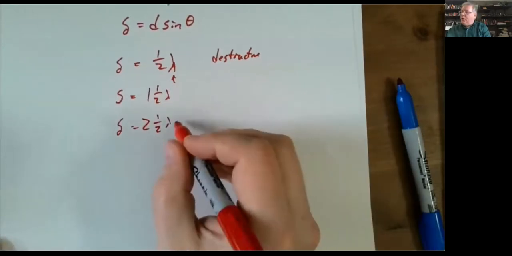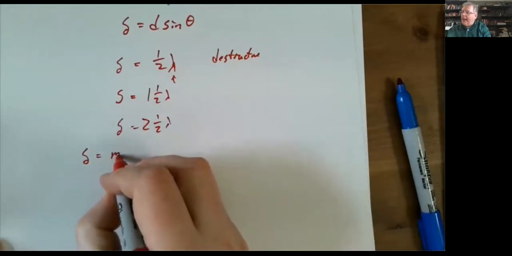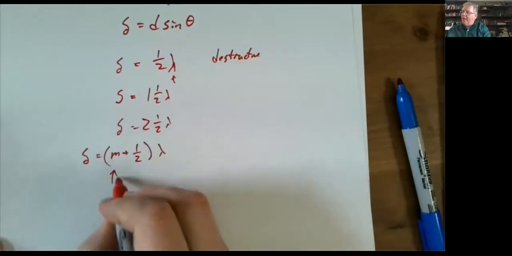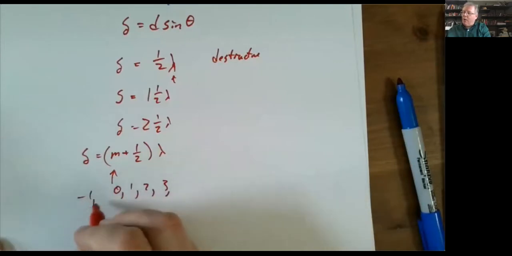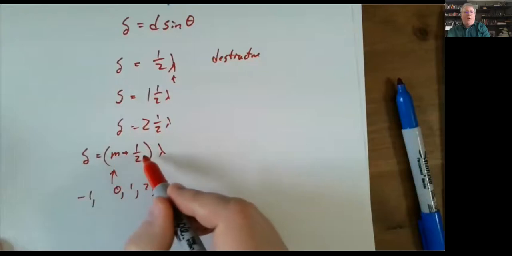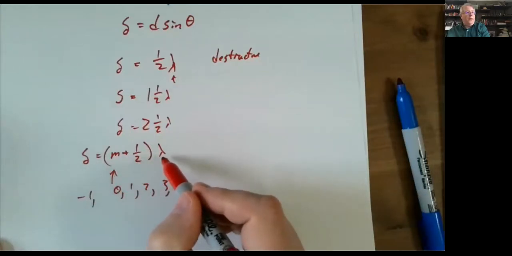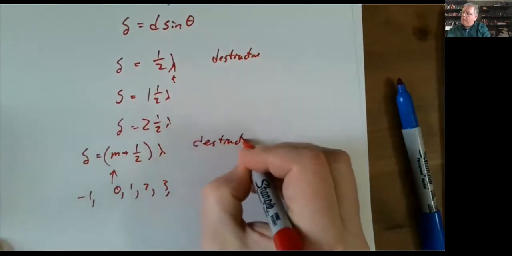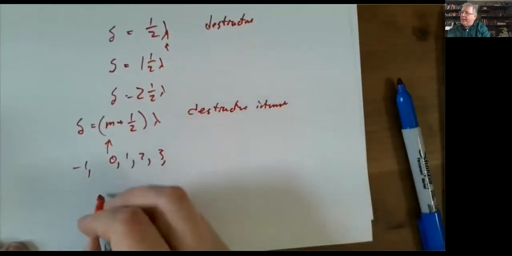So I have the condition that as long as delta is equal to m plus 1/2 lambda, where m is 0, 1, 2, 3, and actually it can be -1 as well, or -2 or -3. If it's a half an integer off, if it's any integer plus a half times the wavelength, then I'll have destructive interference.